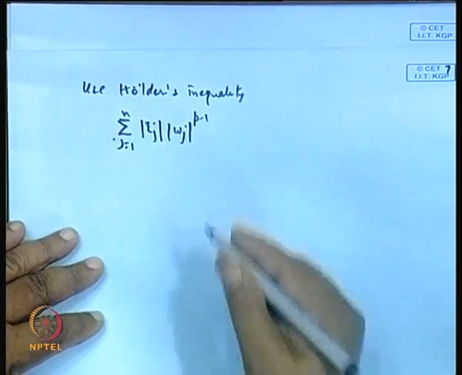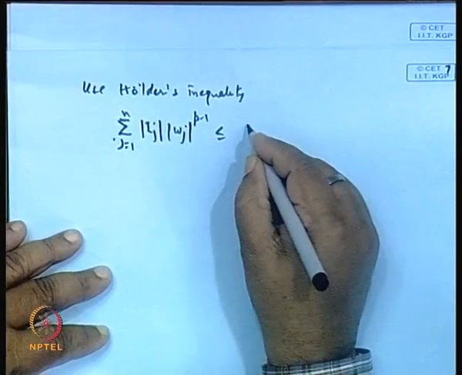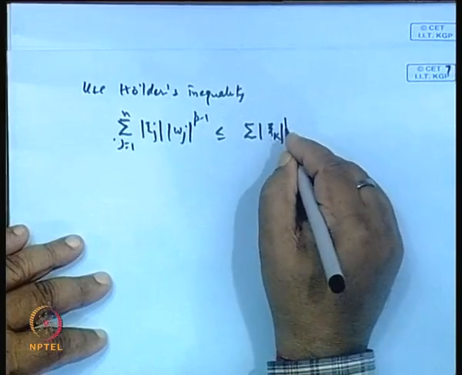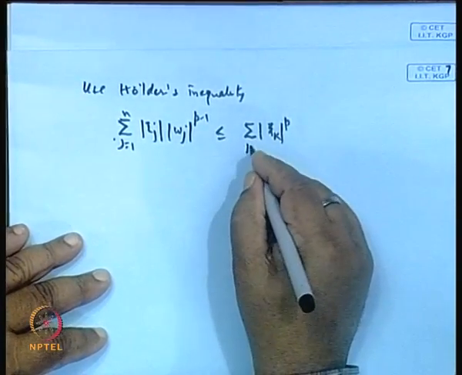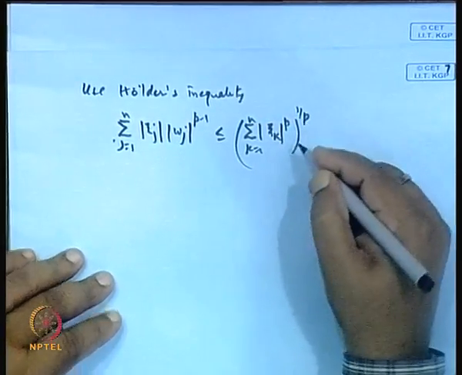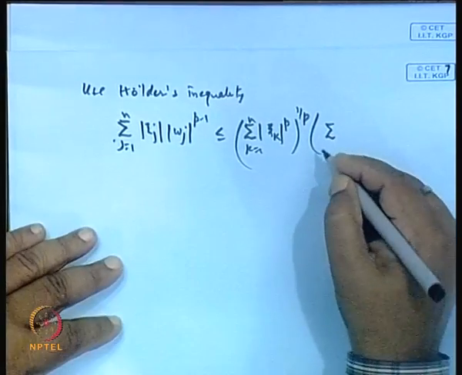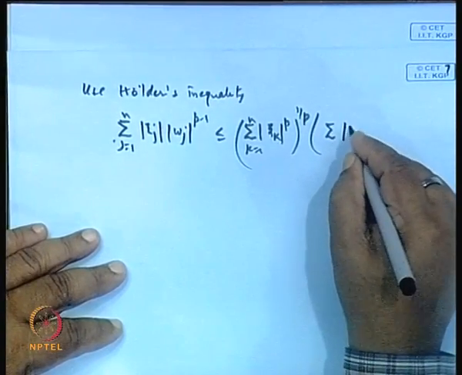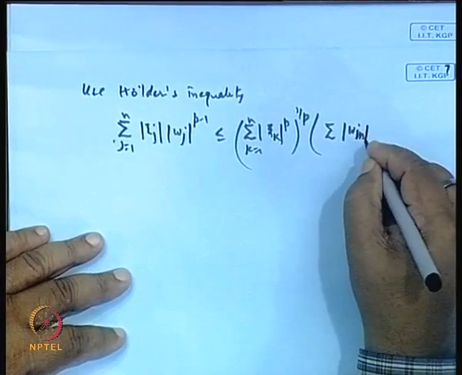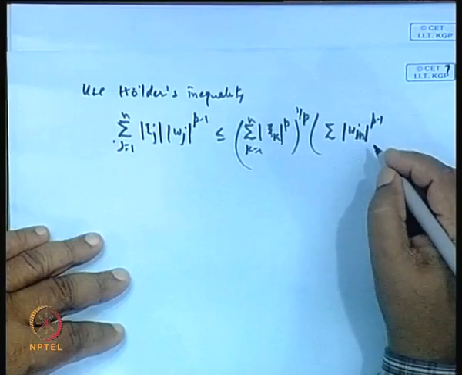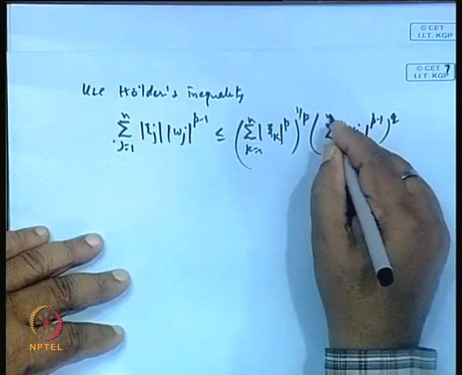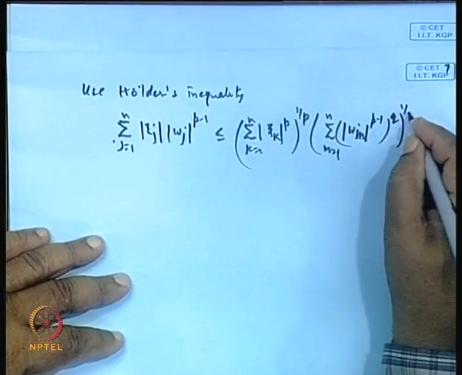If I use the Holder's inequality, then it will be less than or equal to sigma mod xi k power p, k is 1 to n, power 1 by p, into sigma mod w m power p minus 1 power q, m is 1 to n, power 1 by q.